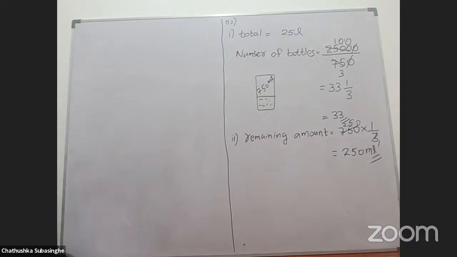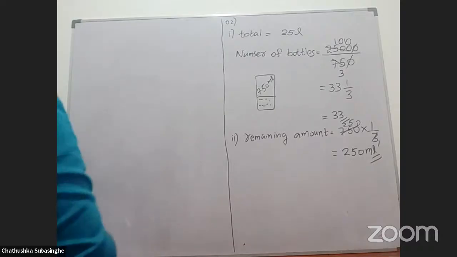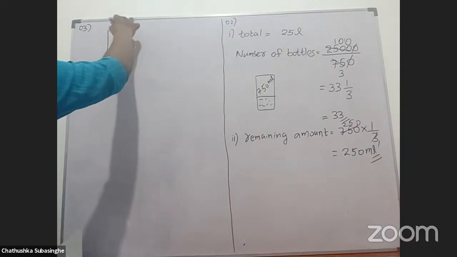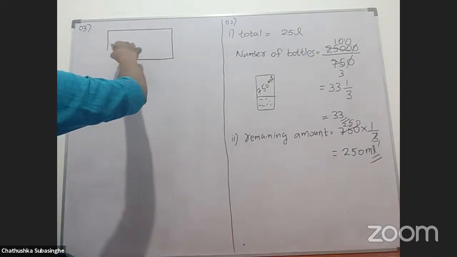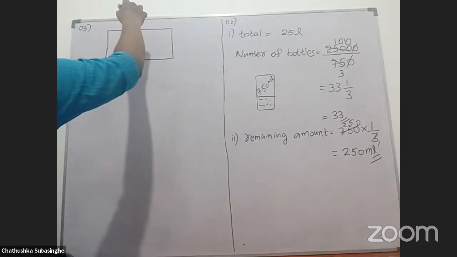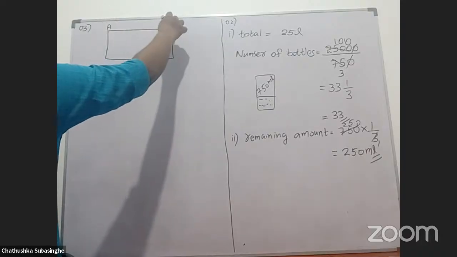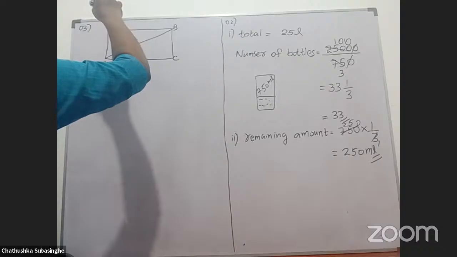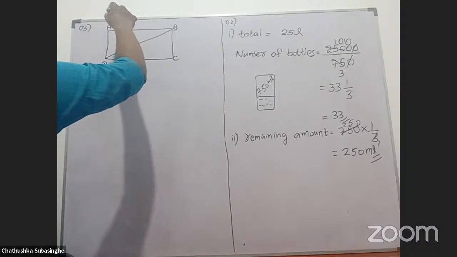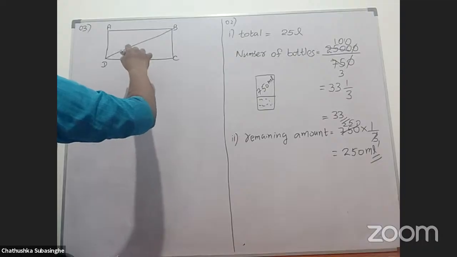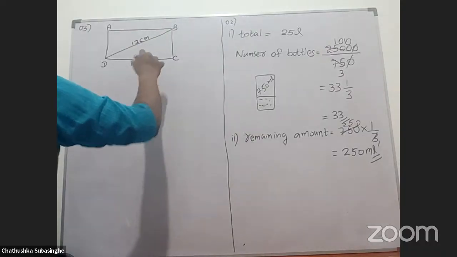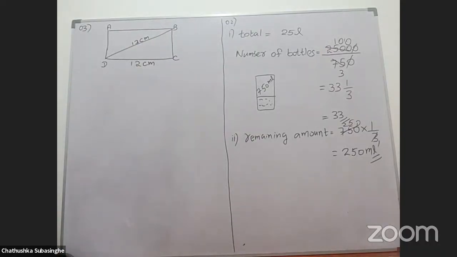Find the length BC of the rectangle. Okay, so this is what we have. They are asking the length of BC.